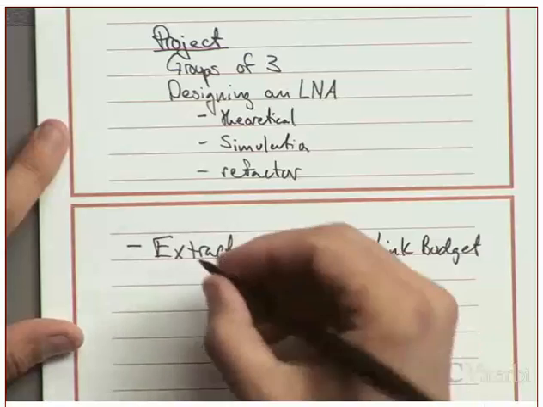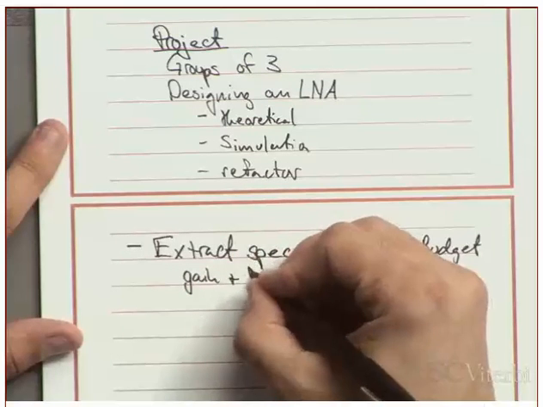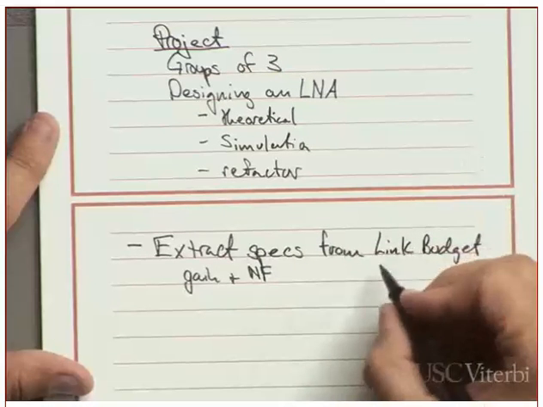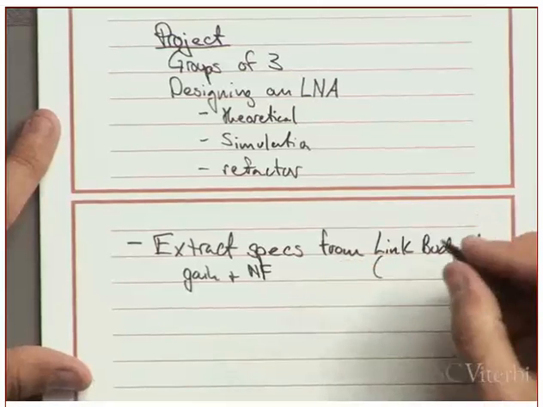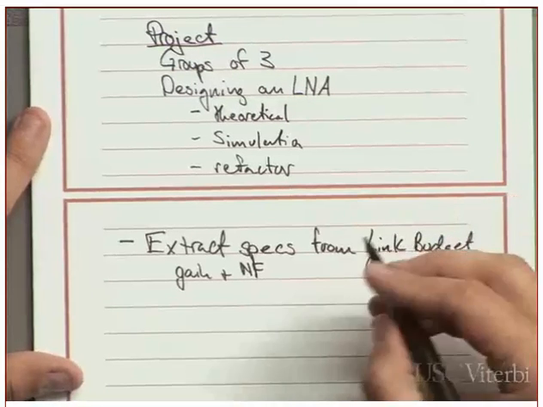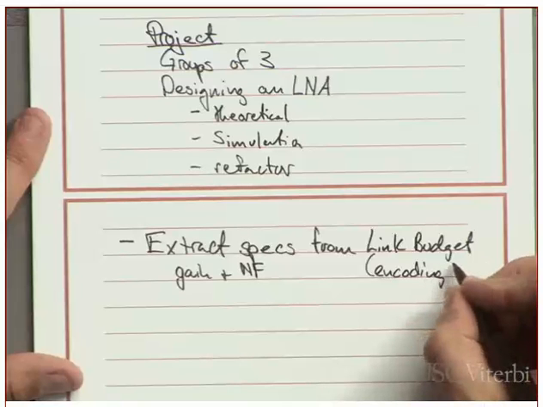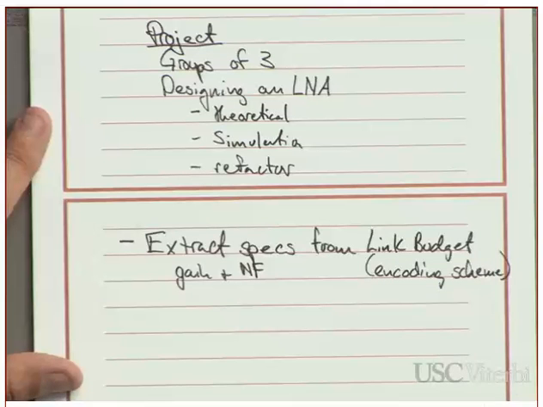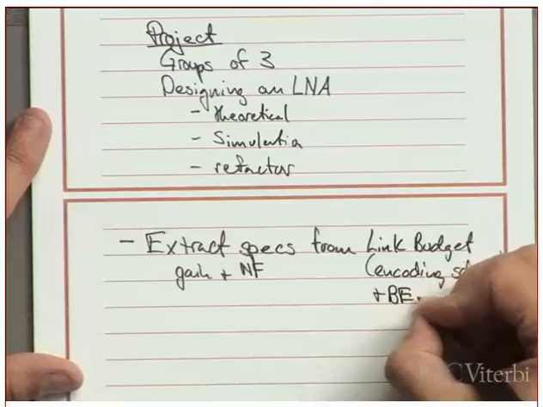So from that you'll get gain and noise figure to close the link. And the system includes the encoding scheme. So in order to close the link for a specific encoding scheme, you have to have encoding scheme and bit error rate.